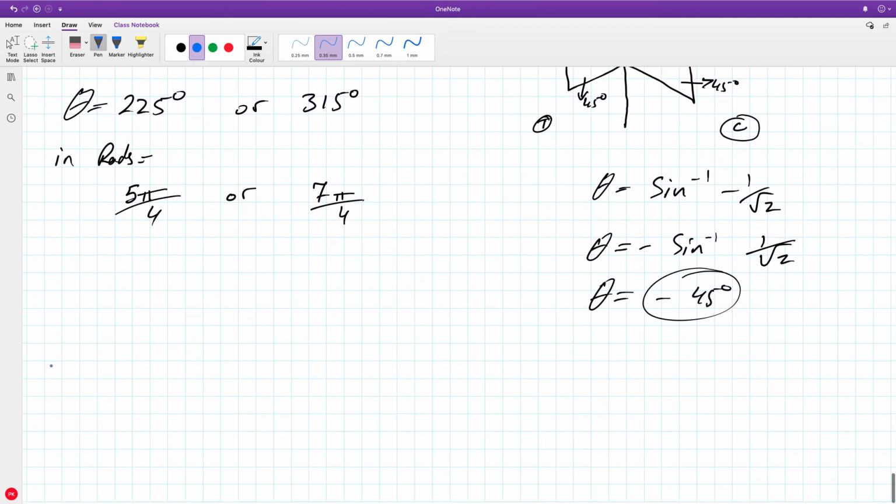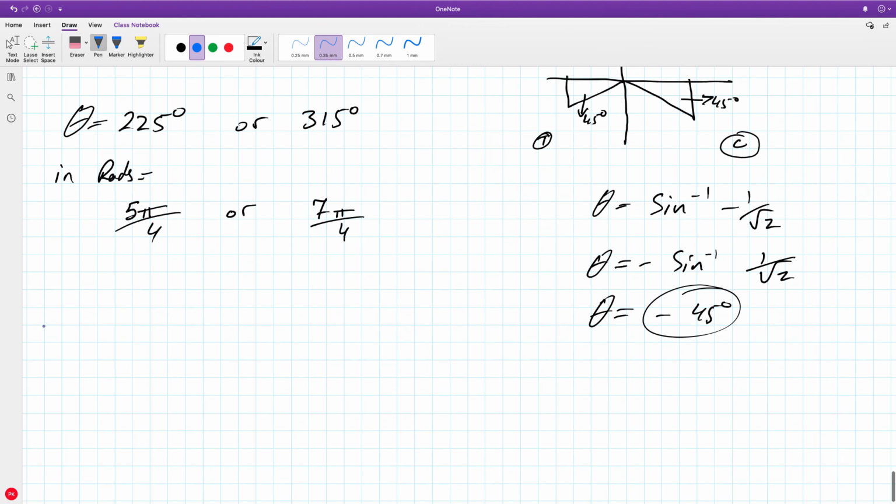So the general solution for rads is plus 2n pi.